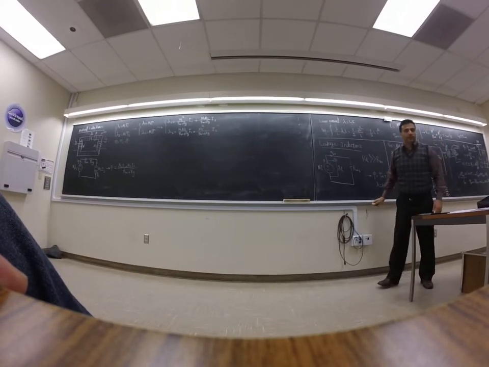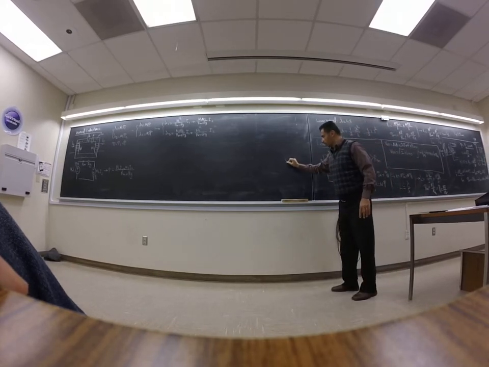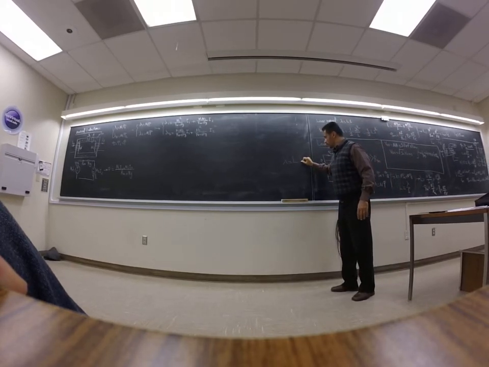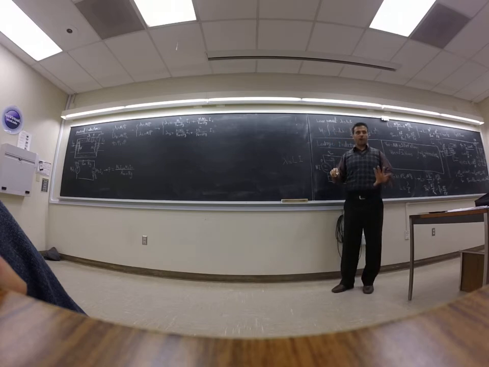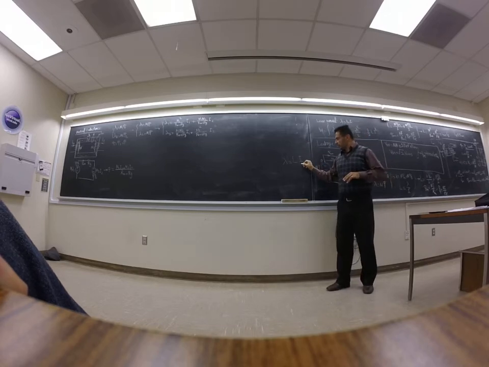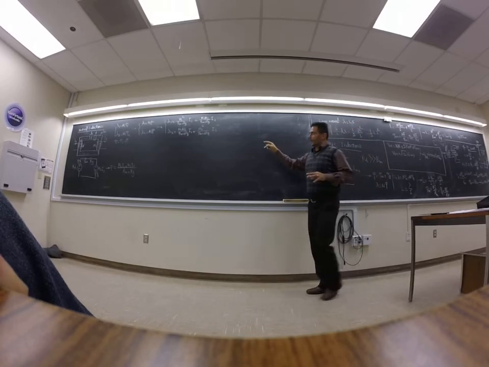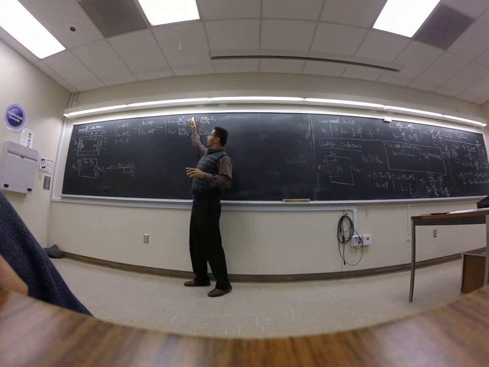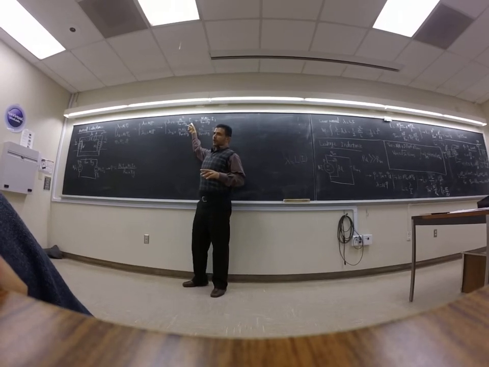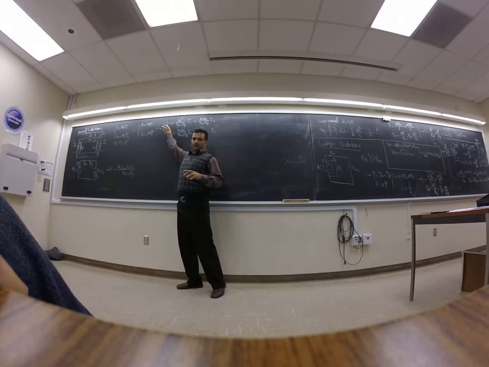If you remember, lambda in general was L times i. Dimension-wise, think about it: it's current times inductance. Look at here, current times something is in the same type as lambda.